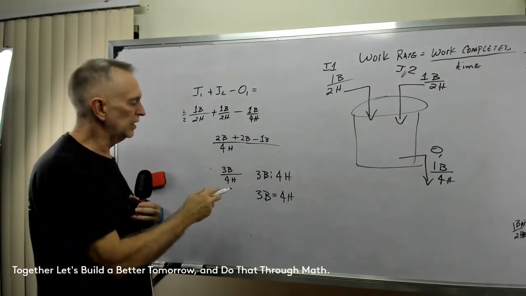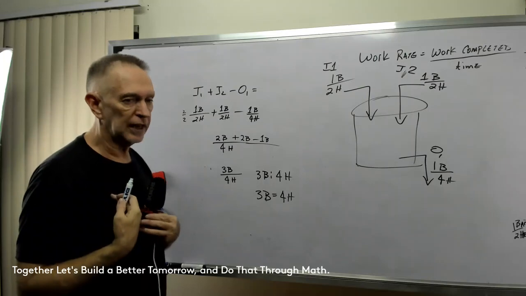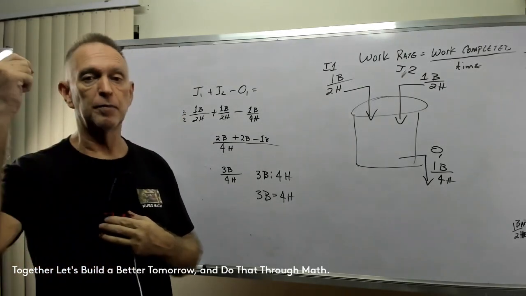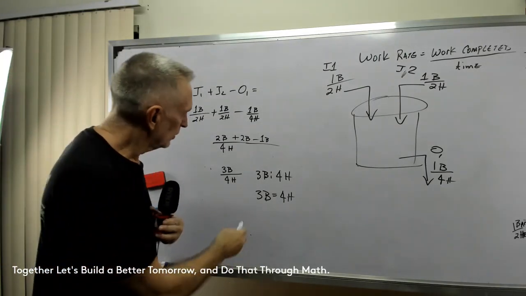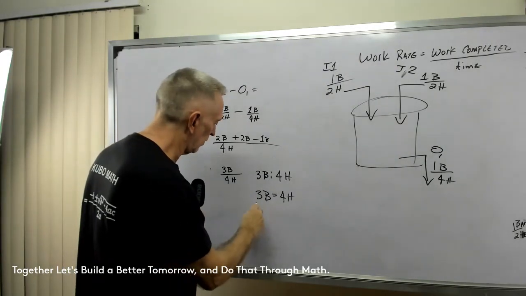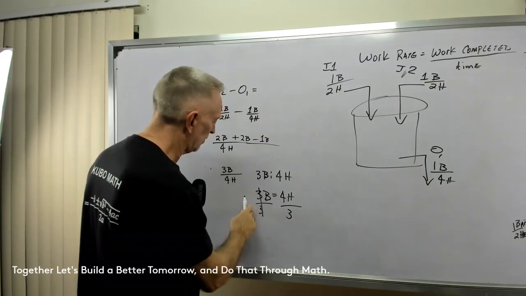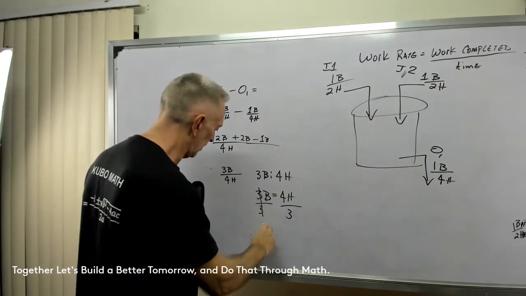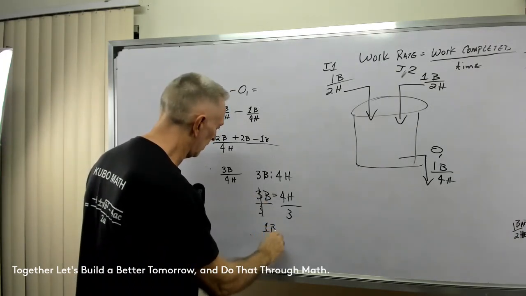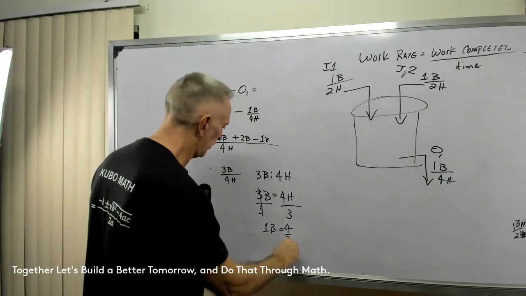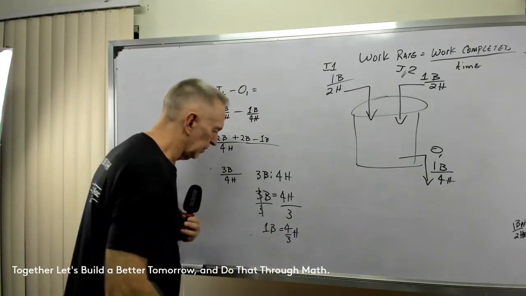Now, the question that we're trying to answer is the length of time that it takes to fill up 1 barrel. So if I divide both sides by 3, 3 divided by 3 is 1 barrel. So I'm left with 1 barrel equals 4/3 hour. Well, what is that?